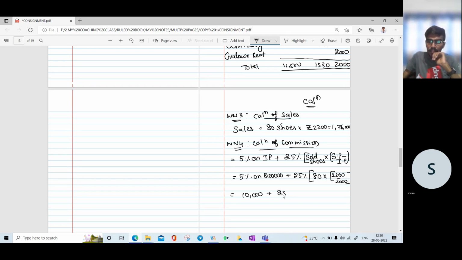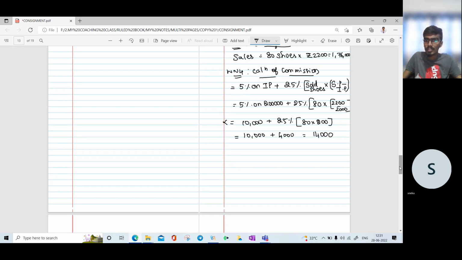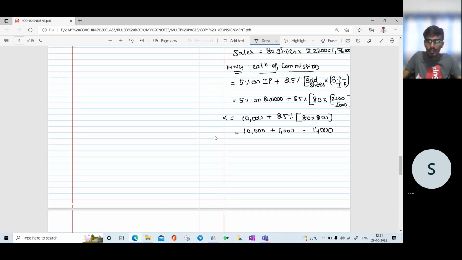Plus 80 into 200 into 25%, you will get 4,000. Total 14,000. This is our working note 4. You can avoid this step in your main example. Okay, 14,000.